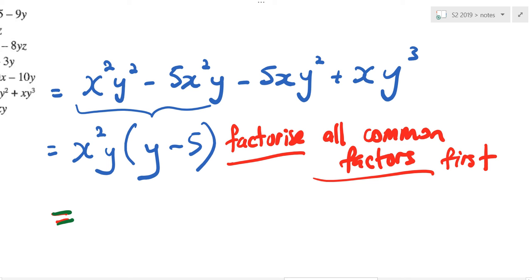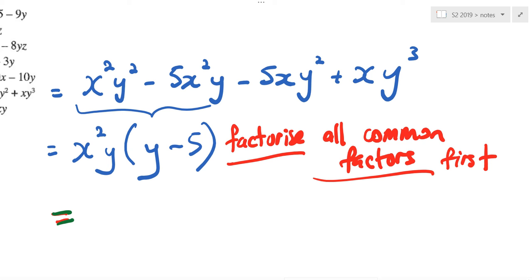Can we try the first one? Okay, let's do together. Hafiza, here got x square y square, x square y, minus 5xy square, xy cubed. How many x is common in all the 4? 2. X square. Do you agree?